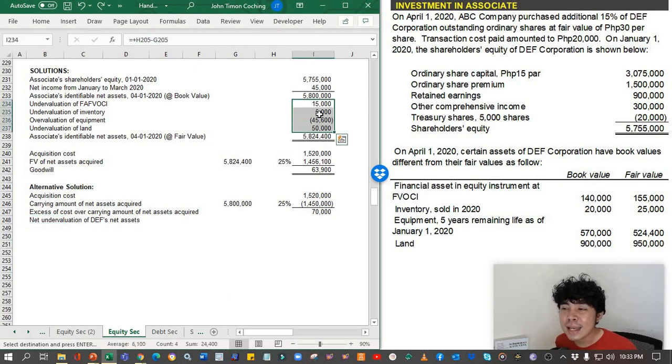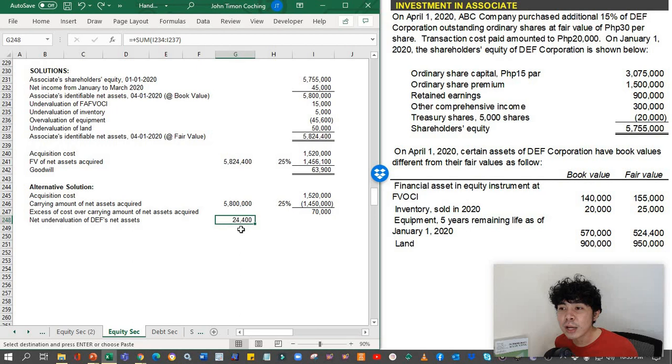So, again, ito ay net under valuation. Bakit siya net under valuation? Kasi, kung papansinin mo, merong tatlong assets na undervalued. At yung undervaluation ng tatlo ay mas malaki as compared to the overvaluation ng nag-iisang equipment. Kaya, etong apat na to, pag kinonsider mo lahat yan, yan ay net undervaluation. Magkano? Yan ay 24,400. So, this is the net undervaluation nitong apat.